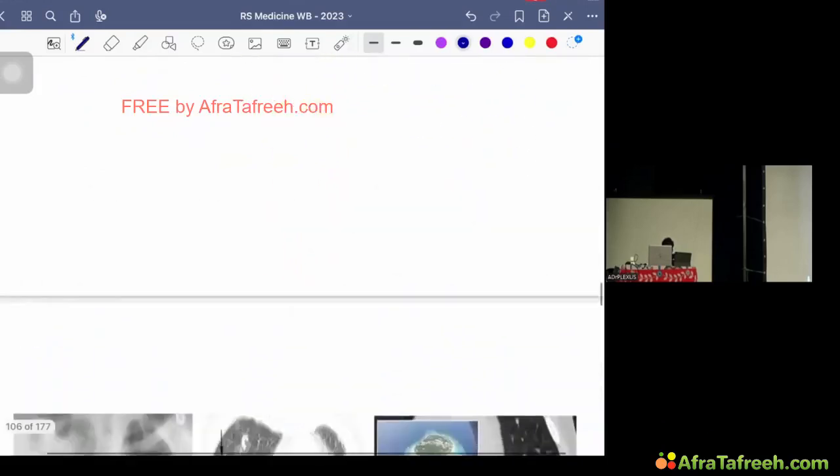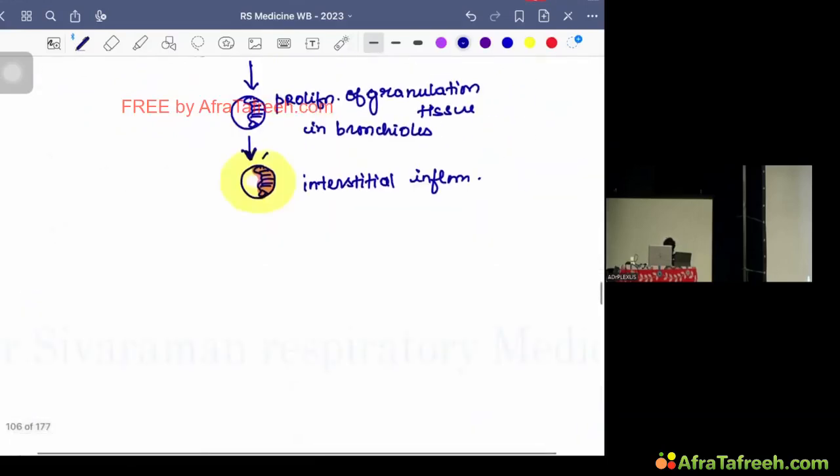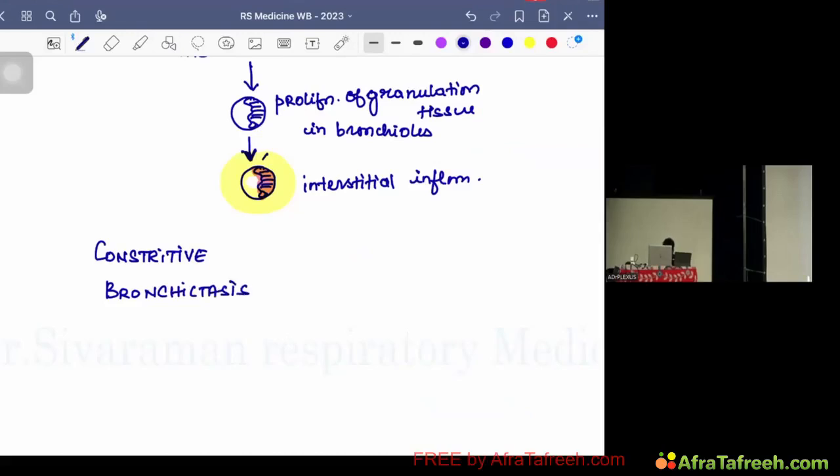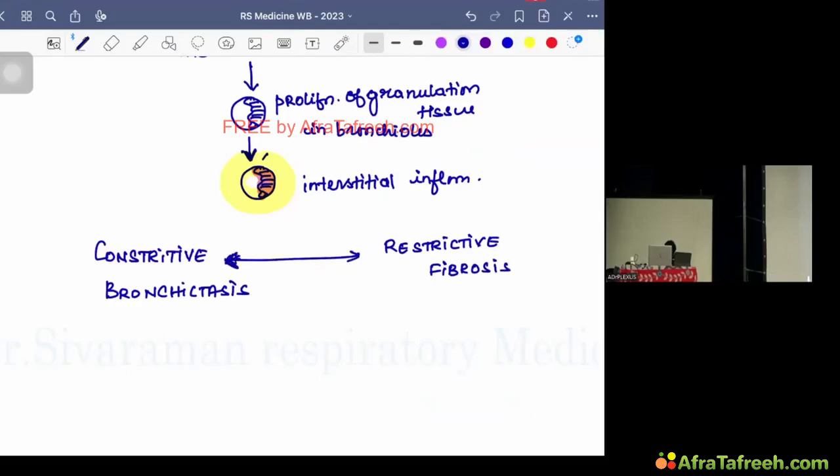Based on this, we have two kinds of patterns. One is the constrictive bronchiolitis pattern, another is the restrictive fibrosis pattern. So this is going to present in two ways, either as an obstructive lung disease or a restrictive lung disease.